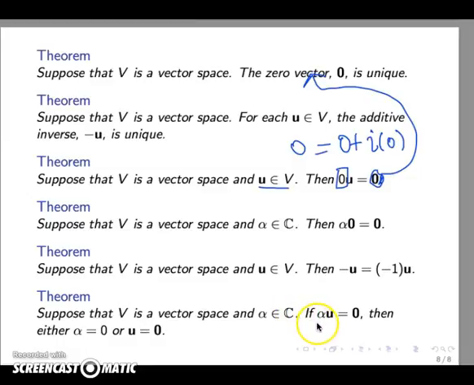And if you have an equality, where equality is determined by the specific vector space, saying a scalar multiplication is equal to the zero vector, the member of the vector space called the zero vector, it is because either the scalar alpha is 0 or the u in that scalar multiplication is the zero vector.